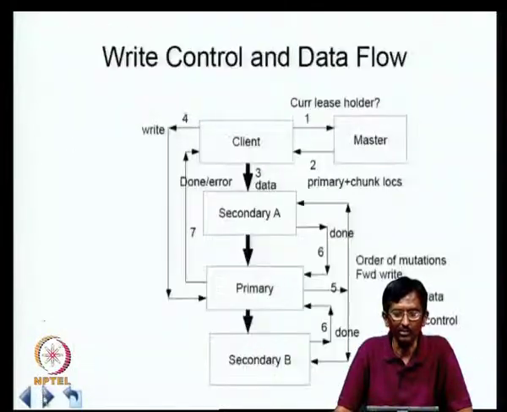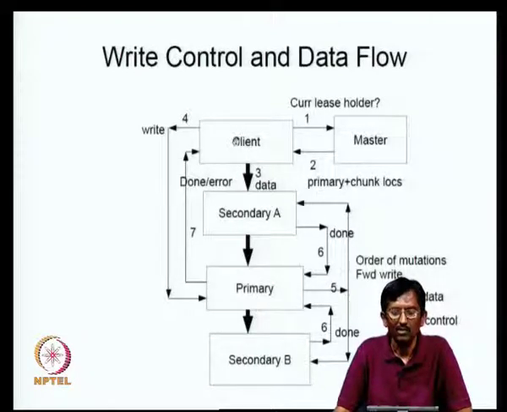Again we looked at this write control and the data flow, and basically what we mentioned was to ensure that you can exploit the bandwidth in the system, as soon as the client figures out where the primary is and where chunk locations are, it can start pushing the data immediately.